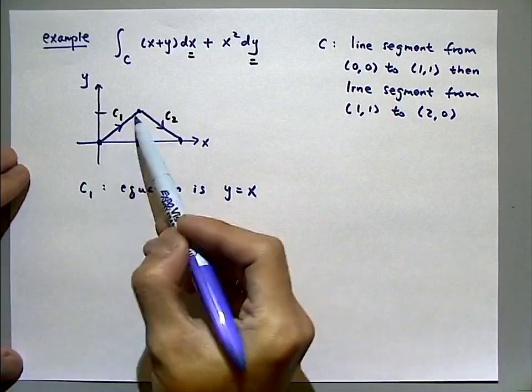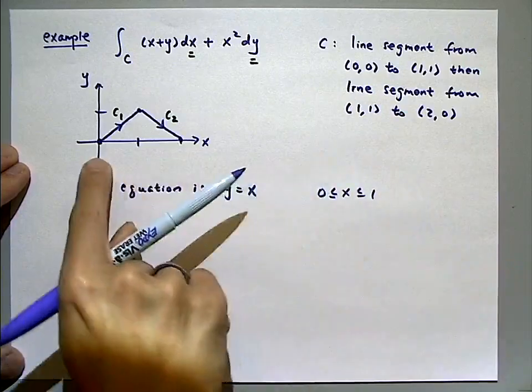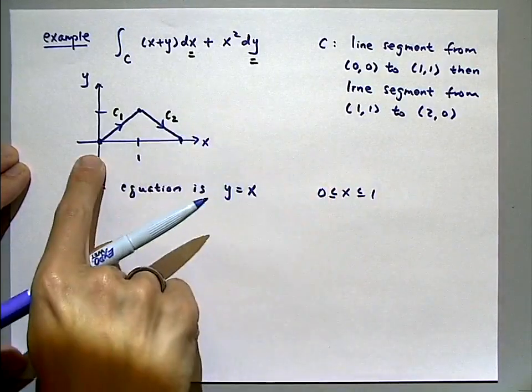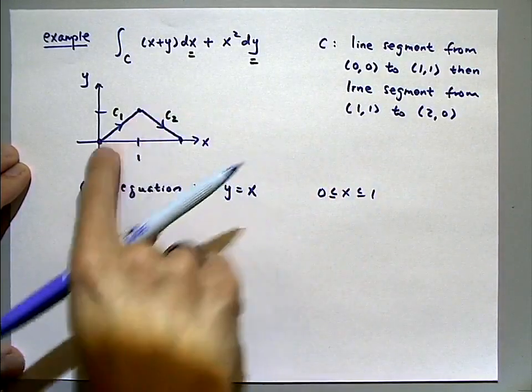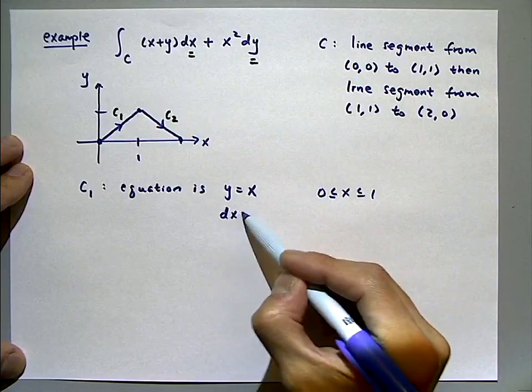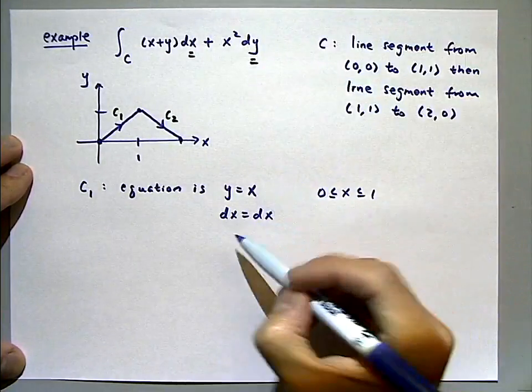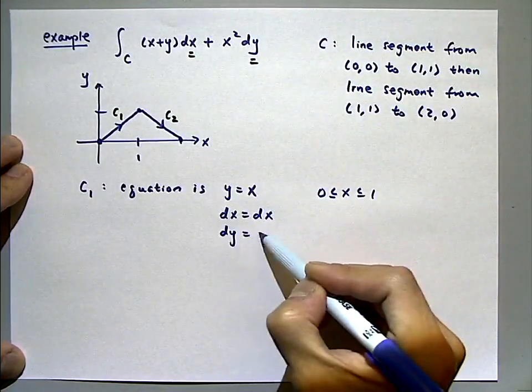And to go from here to here, we let x go from 0 to 1, which you can see from the picture. x starts here and ends here. And dx, of course, is equal to dx.